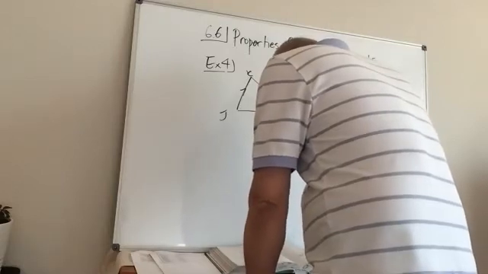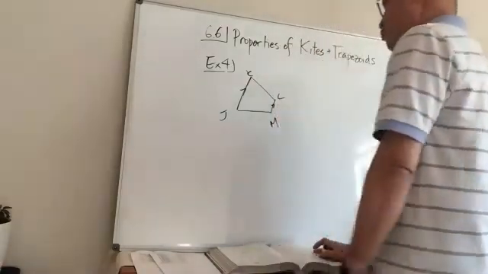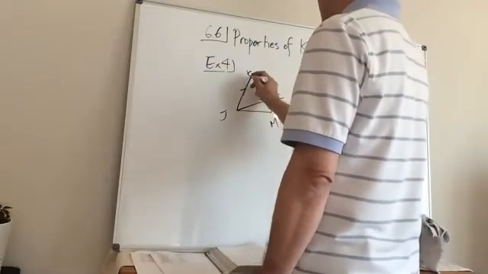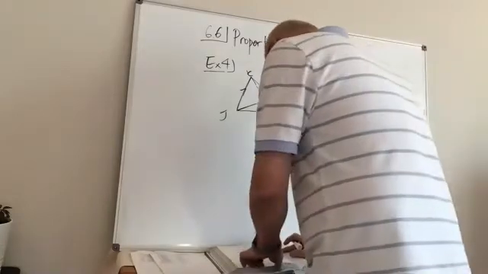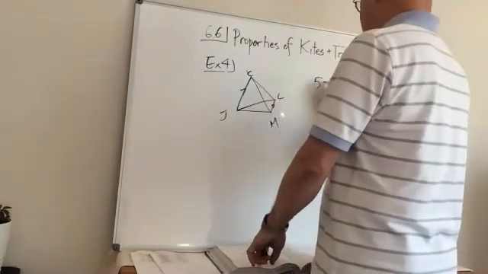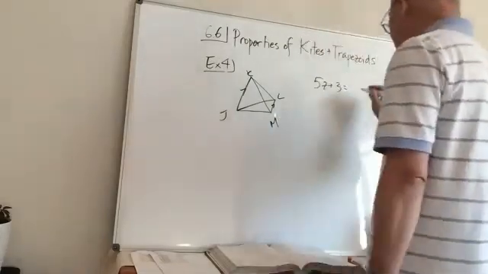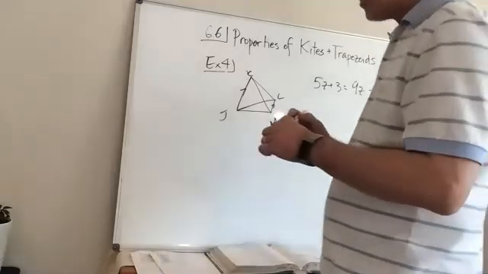Find the value of z so that it is an isosceles trapezoid. So for it to be an isosceles trapezoid, that means that this guy and this guy have to be congruent, which means that 5z plus 3 has to be equal to 9z minus 12. All right, so I have to solve this.